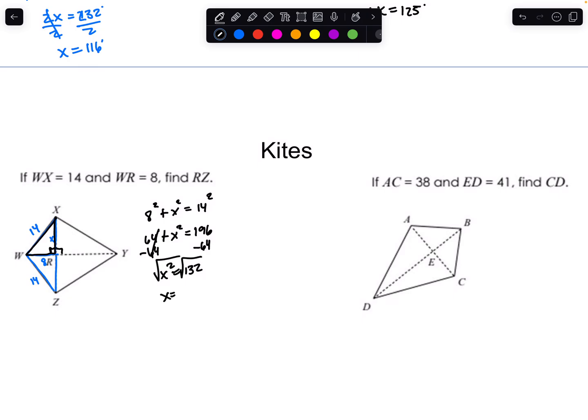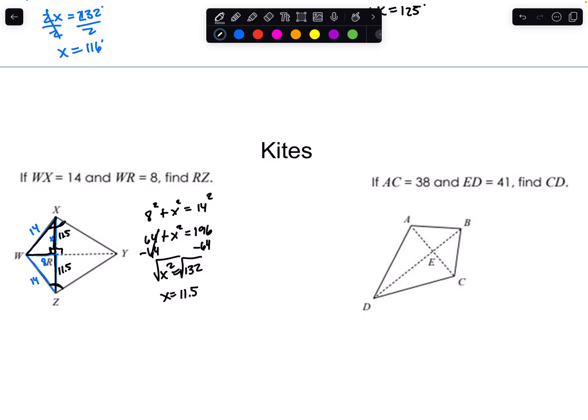Square root both sides, x equals the square root of 132, which is approximately 11.5. And since this length is 11.5, that means that this length will also be 11.5, because these two angles are congruent, that means that the two lengths between them will also be congruent.